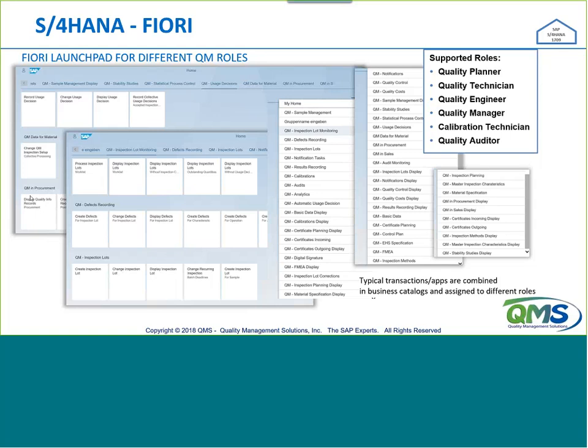The other thing that some customers have mentioned that they're interested in is blockchain, and we've been trying to get enough QM customers interested in creating an app around blockchain where you can maybe do certificates of analysis on the blockchain, on a distributed ledger, so that you could share that with your customers.